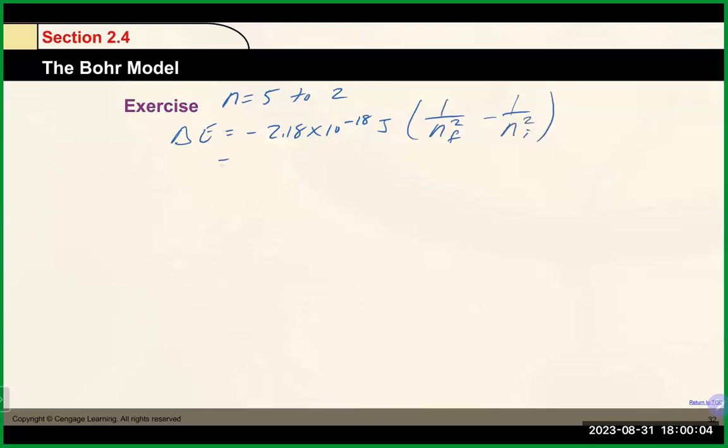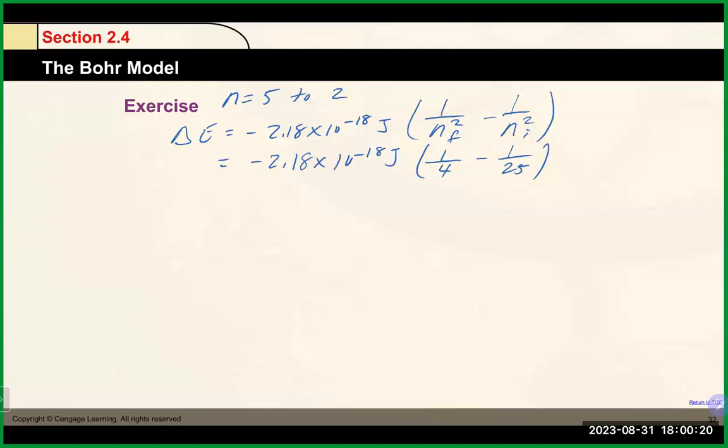So putting in minus 2.18 times 10 to the minus 18 joules, that gives 1 over my final, 2 squared, which is 4, minus 1 over 5 squared, which is 25.